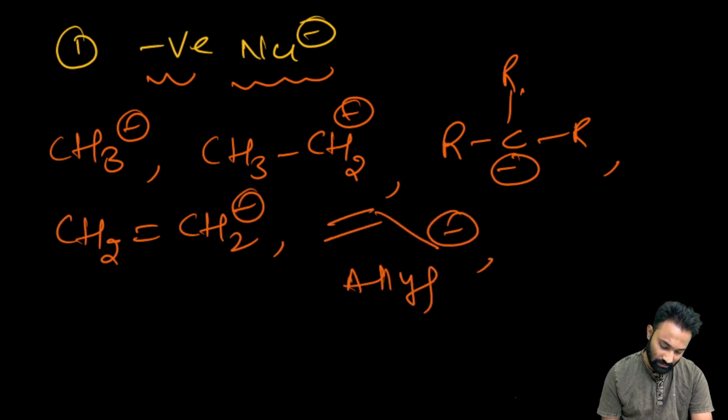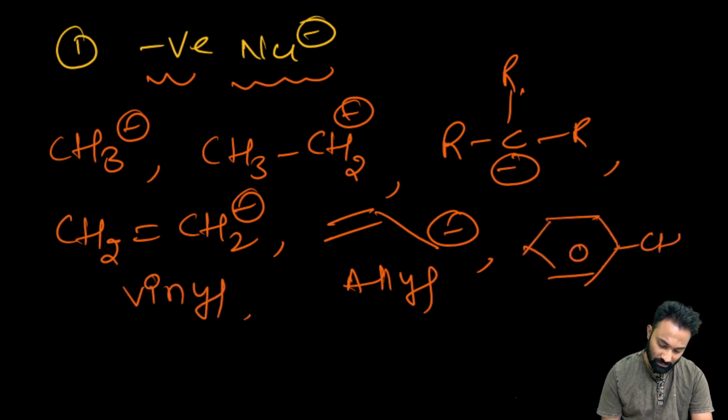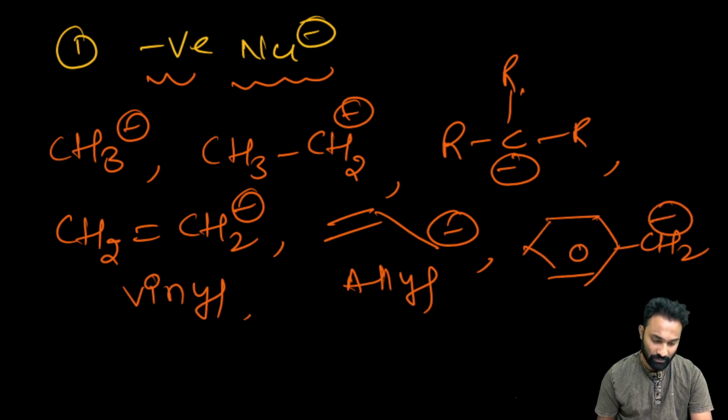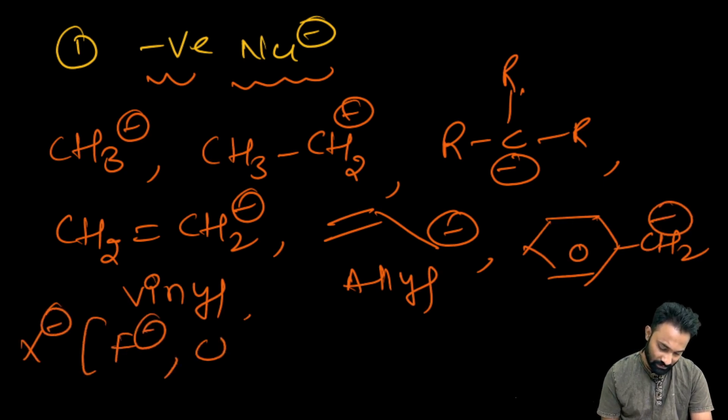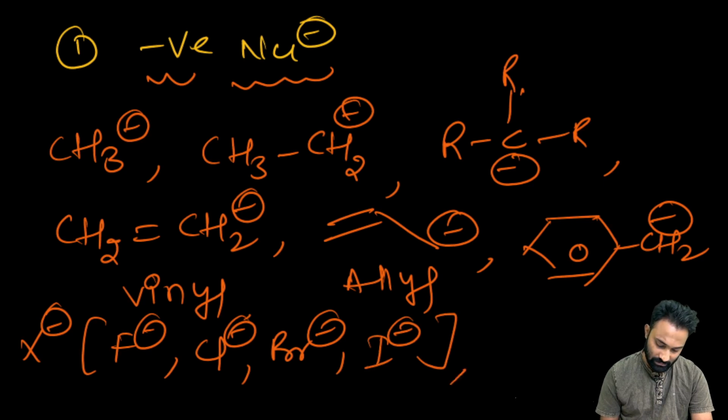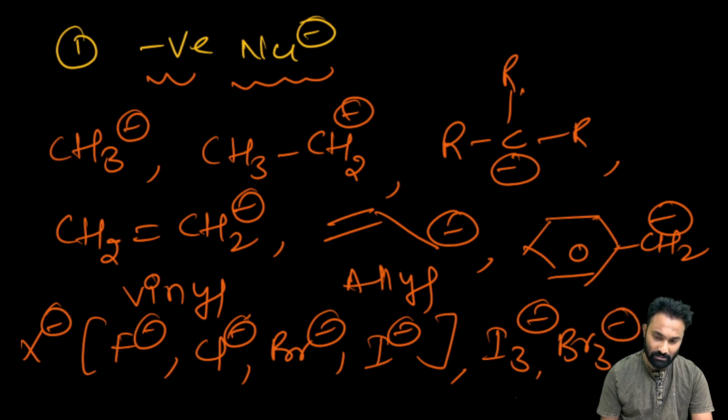This is allyl, this is vinyl. Now benzyl carbanion. Next is X minus. X minus is nothing but F minus, Cl minus, Br minus and I minus. Clear? Next I3 minus, Br3 minus and so on.